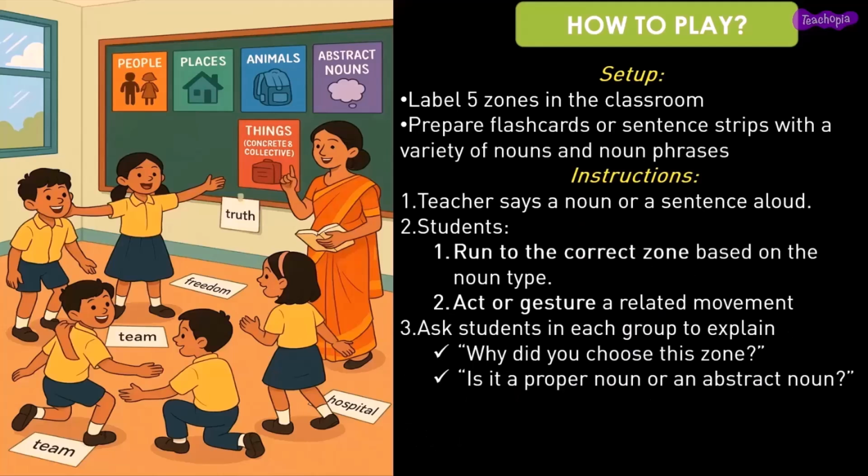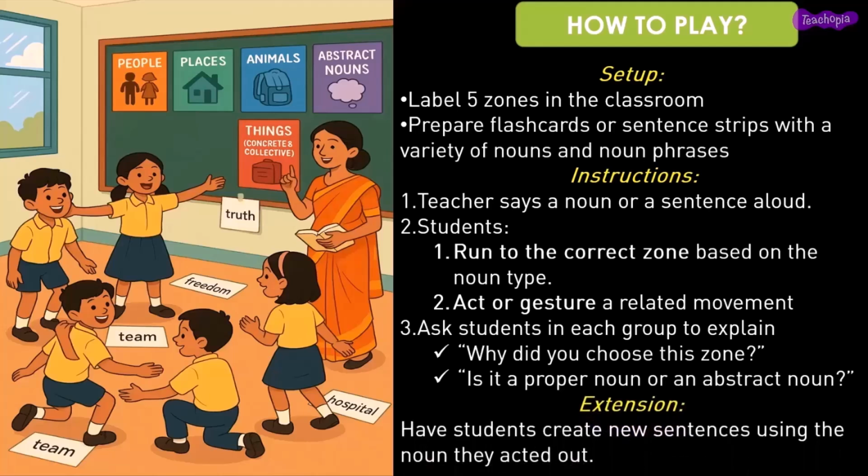Students or learners run to the correct zone based on the noun type. They act out or gesture a related movement. The students are asked to explain why they chose this zone, or whether it is a proper noun or an abstract noun. As an extension, students can create new sentences using nouns they have acted out.